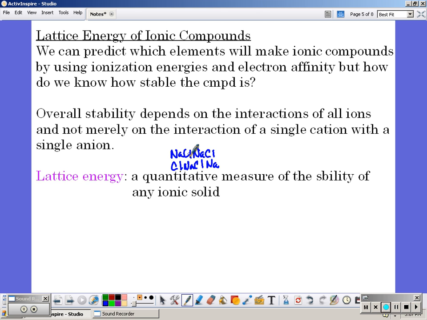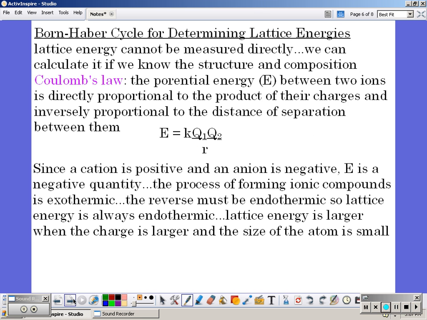The Born-Haber cycle is what we use to determine lattice energy. Lattice energy cannot be measured directly. We can calculate it if we know the structure and the composition. Coulomb's law says that the potential energy, or E, between two ions is directly proportional to the product of their charges.